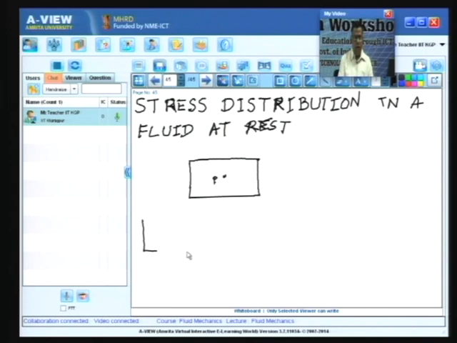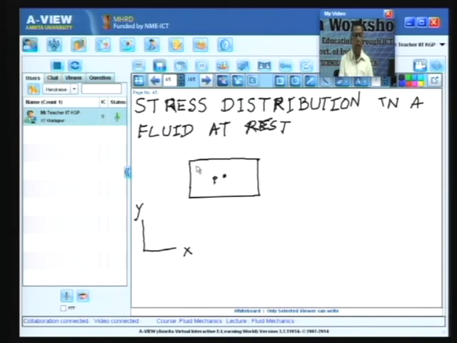Let us say we consider a two dimensional situation, this is x, this is y, and we have taken an element whose surfaces are parallel to the coordinate axis. Now, we want to find stress at a point. Let us say we want to find the stress at this point P.